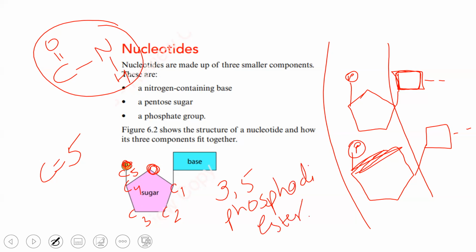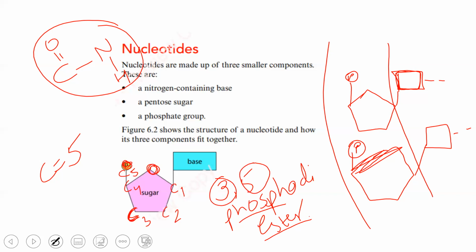Now, what is an ester linkage? An ester linkage is basically between these carbons and hydroxyls, and then we have phosphate involved in the linkage as well. Simply put, it's going to be between the 3 of one molecule and the 5 of the other molecule, right?